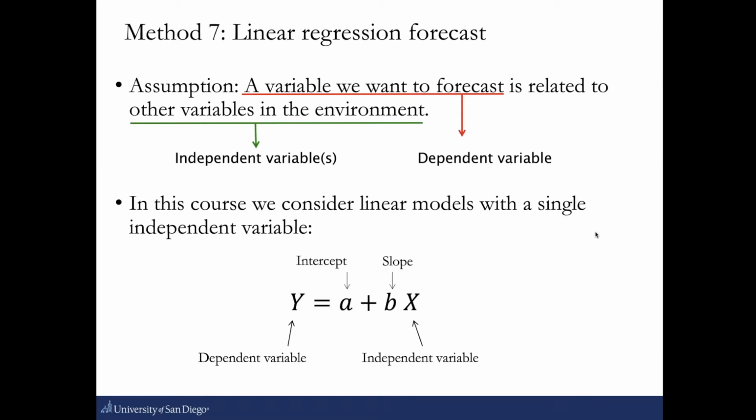So in this course, we will consider linear models with a single dependent variable and a single independent variable. So that's reflected by y, the dependent variable, and x, the independent variable. Alpha here is the intercept, and beta here is the slope.